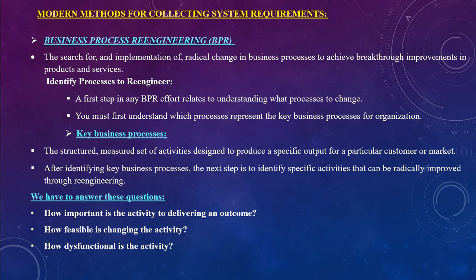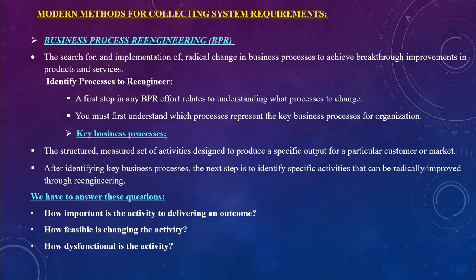The key business processes are the structured, measured set of activities designed to produce a specific output for a particular customer or market. Next, after identifying the key business processes, the next step is to identify specific activities that can be radically improved through re-engineering.